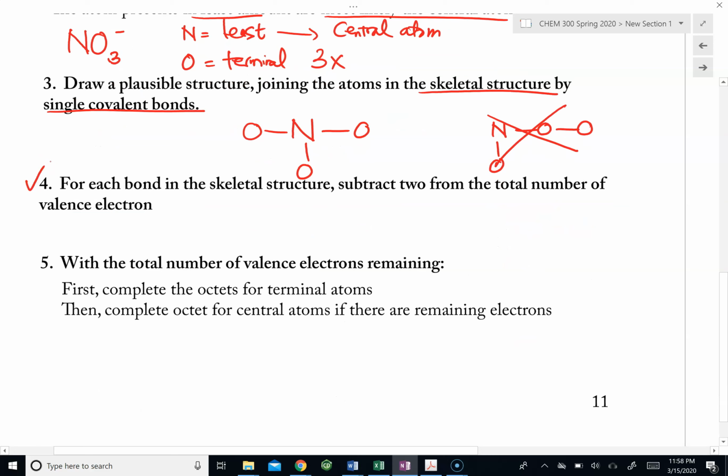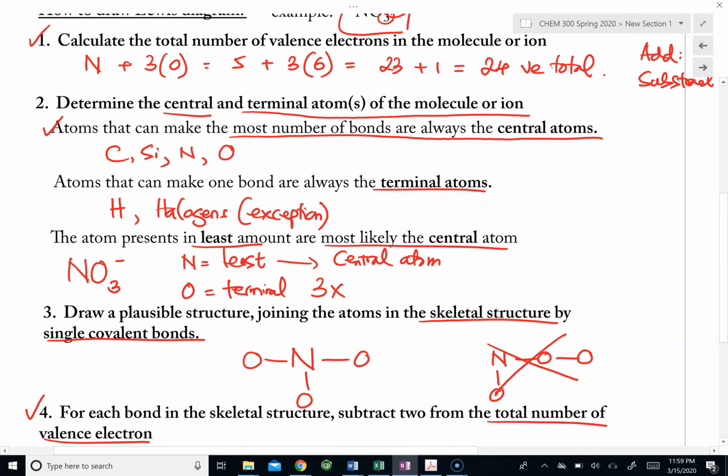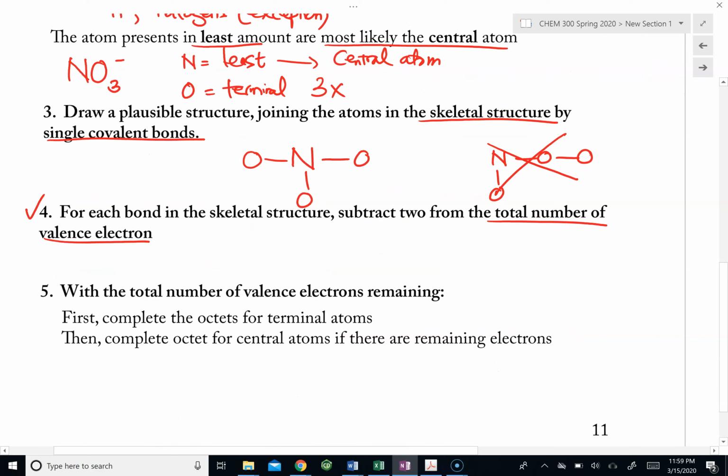Step 4. For each bond in the skeletal structure, subtract 2 from the total number of valence electrons that we started out with. Basically, we are using electrons to form these covalent bonds. We have 24 valence electrons in this ion to overlap and form bonds.